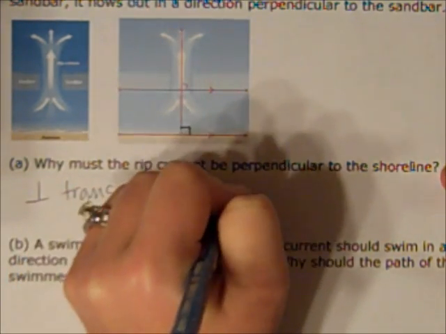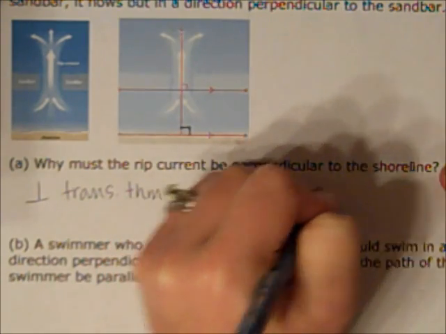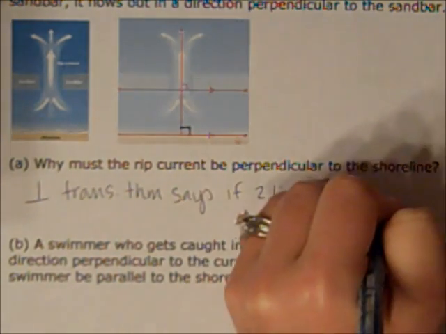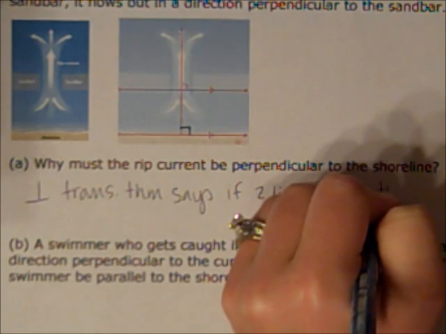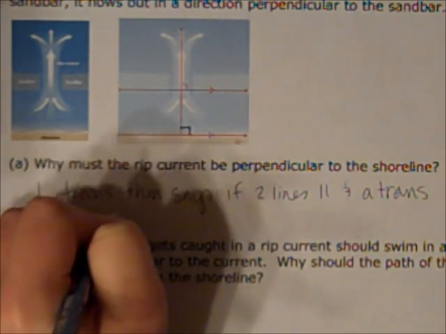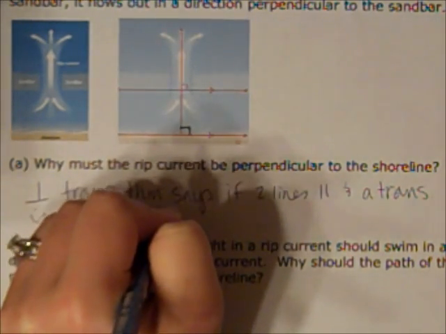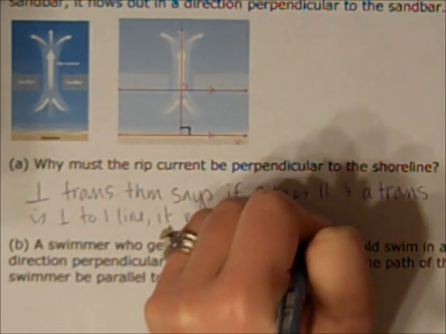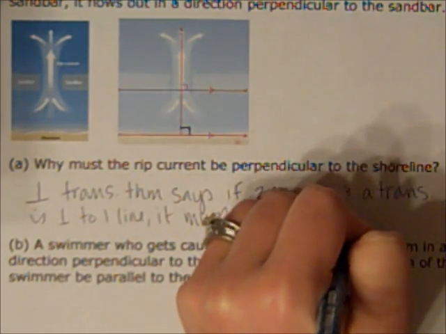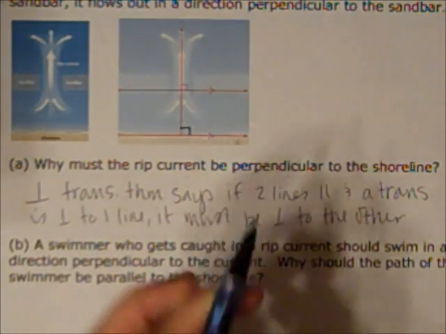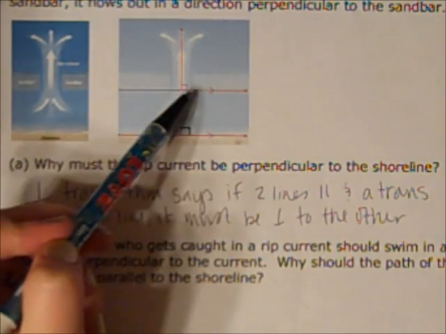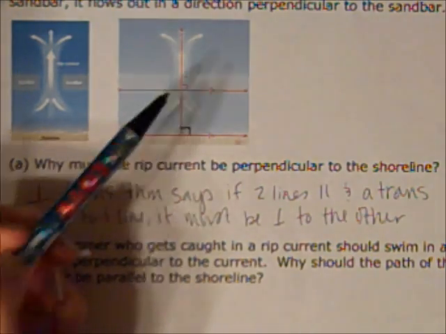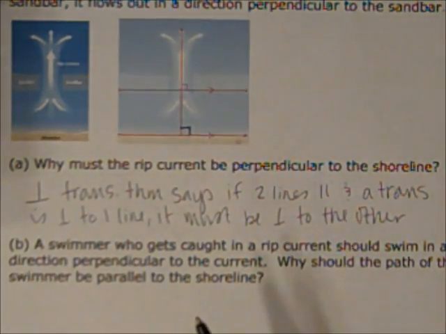It says if 2 lines are parallel and a transversal is perpendicular to one line, it must be perpendicular to the other. Okay? If these 2 are parallel and going exactly even, there's no way that this could be perpendicular to one and not the other. So that's what the transversal theorem says.